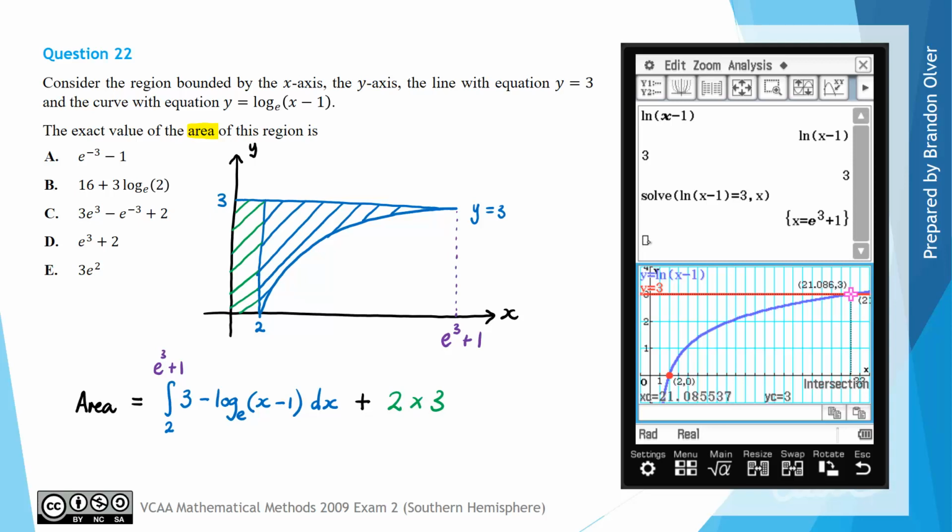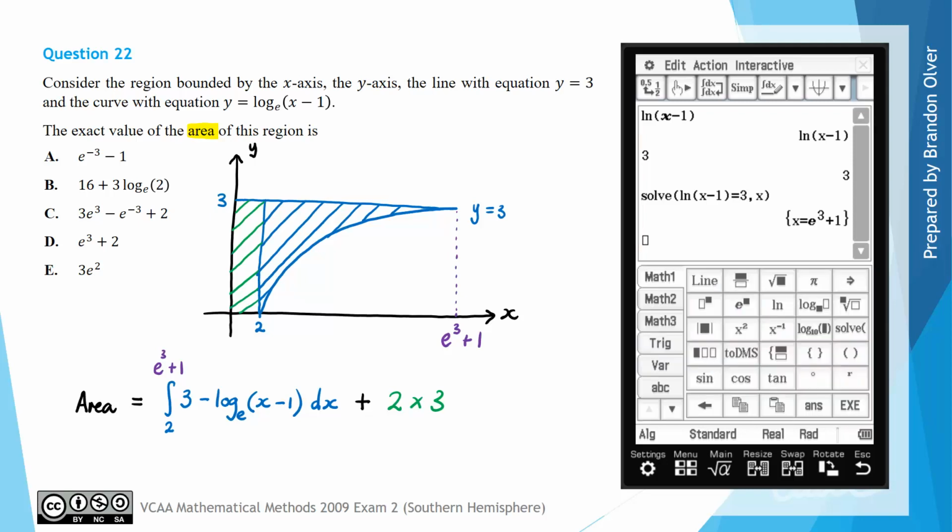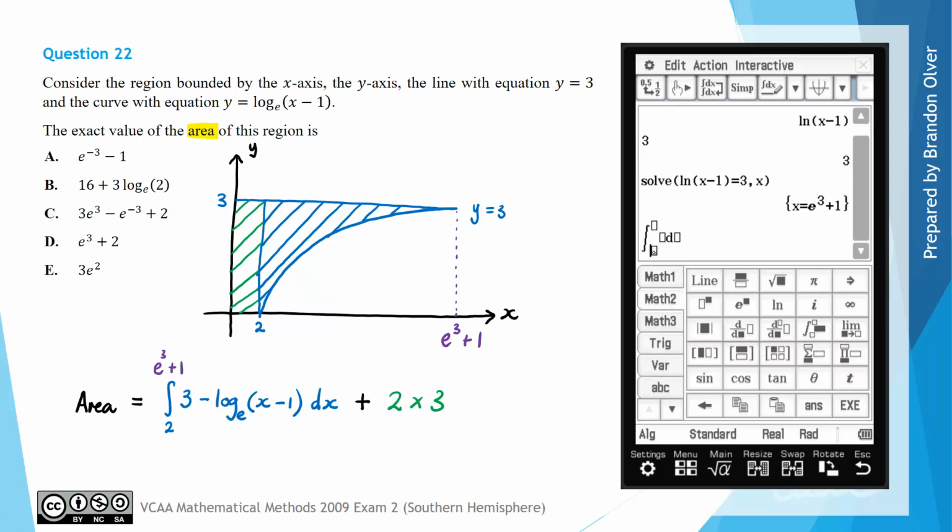So on the calculator, we can now calculate this area. So bringing up the keyboard, we can go to Math 2 and find the integral symbol. And then we wanted to go between 2 and e to the power of 3 plus 1 as the exact value for the rule that was the upper curve 3 minus the lower curve, which is log e of x subtract 1 dx.